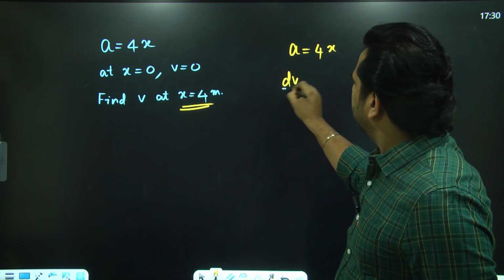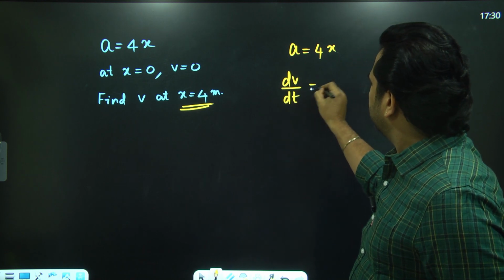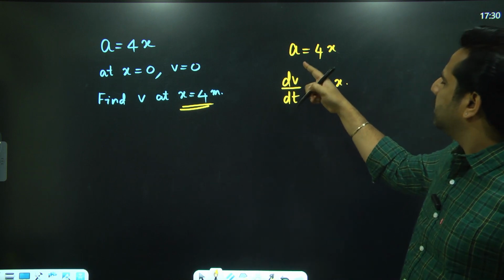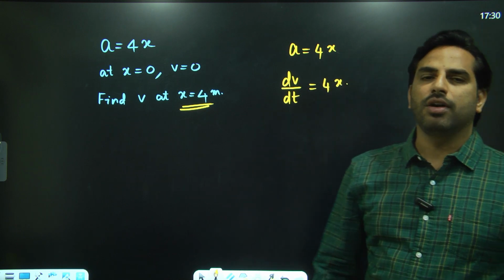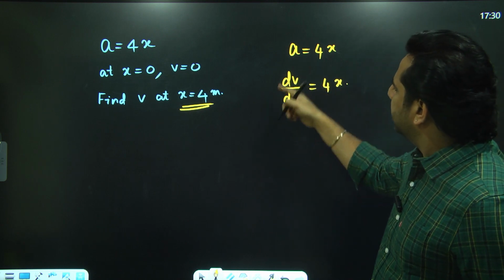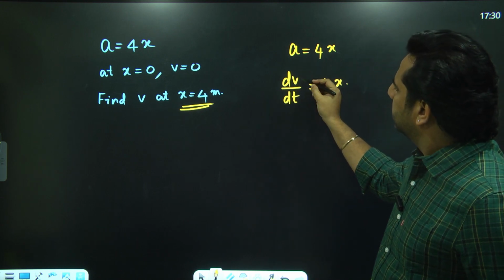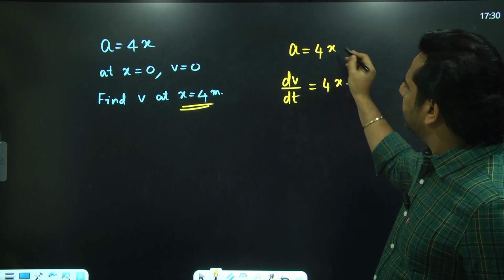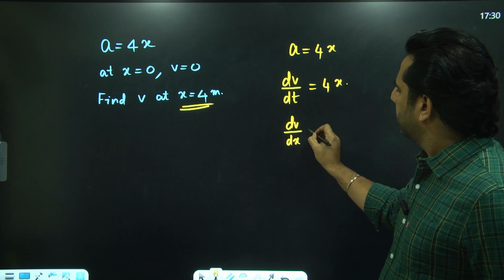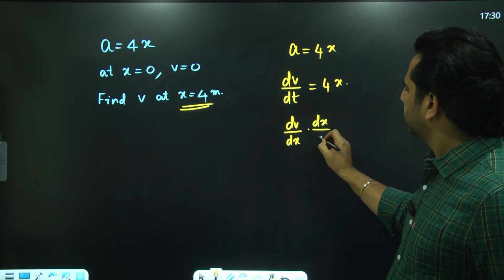Acceleration is dv by dt, that is equal to 4x. If acceleration is expressed in terms of displacement, always remember to express this dv by dt also in terms of x. How? It is dv by dx into dx by dt.